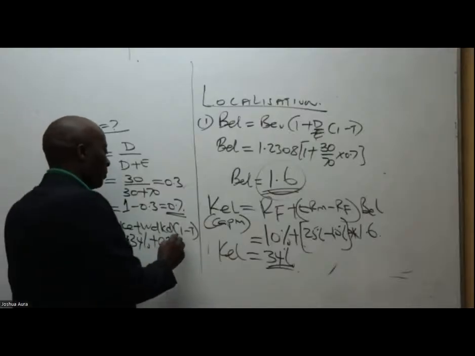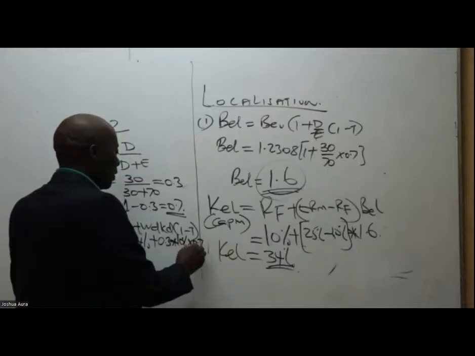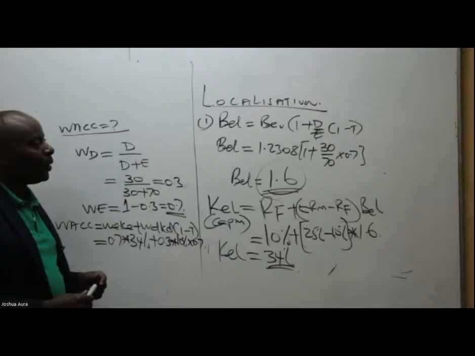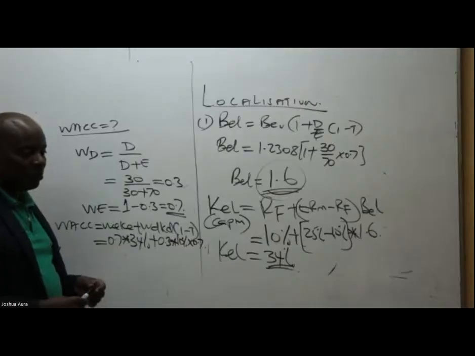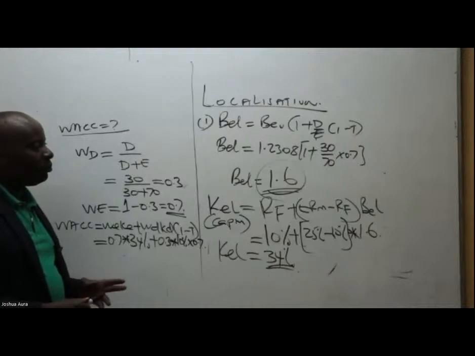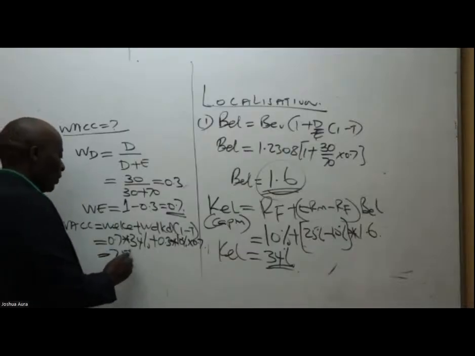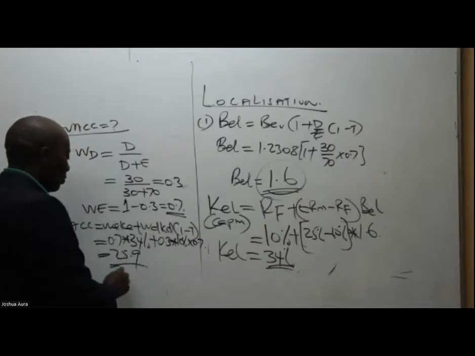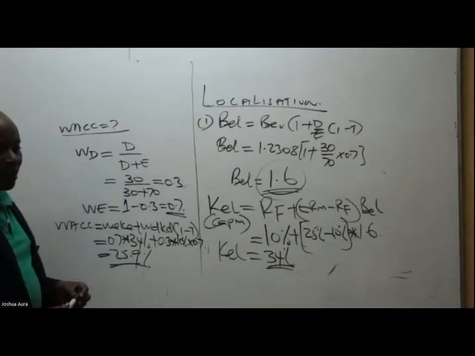We take risk-free, 10%, and multiply by 0.7 because of 1 minus tax. So we get a figure of 25.9% as the WACC.